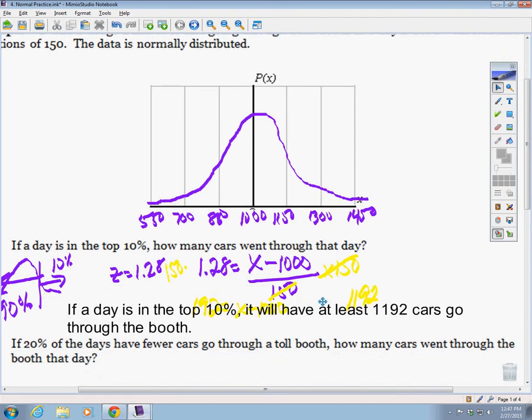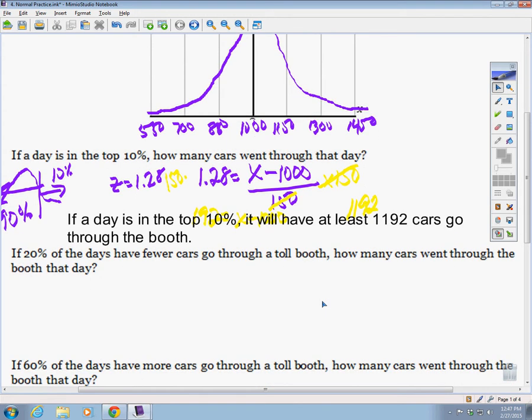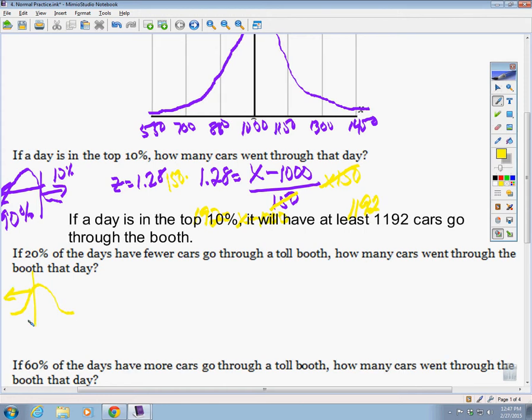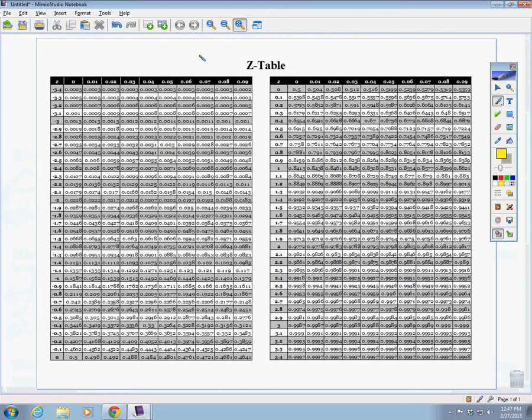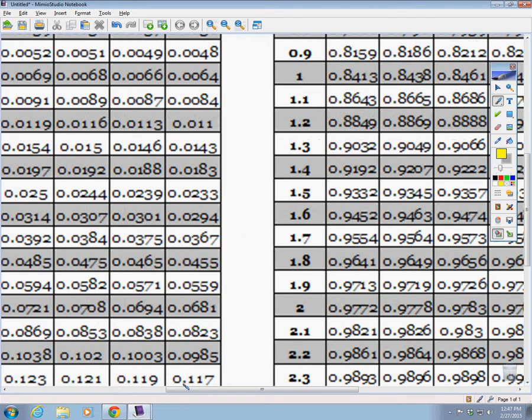All right. If 20% of the days have fewer cars, okay? Here we got my little bell curve. Fewer, 20% or fewer, which means that 20% is to the left. Again, same idea, only now we're looking at the area to the left. So you look up 0.20 as your area in the Z table.